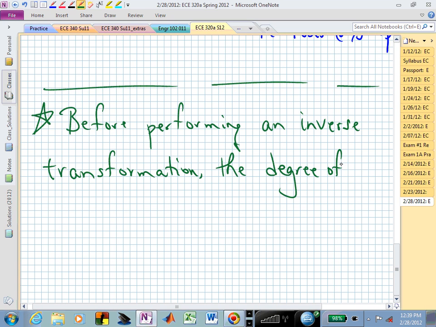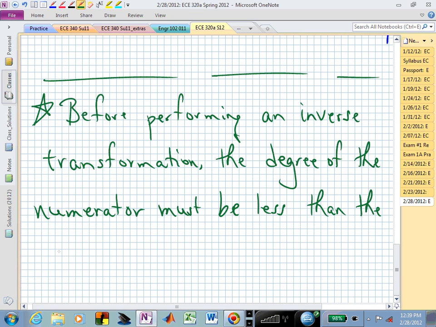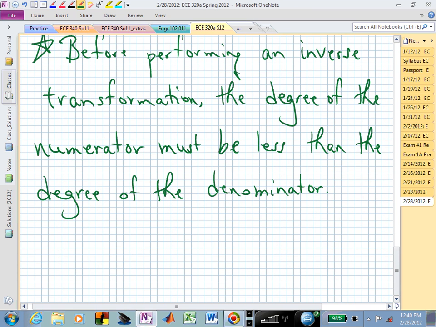the degree or order of the numerator must be less than the degree of the denominator polynomial.